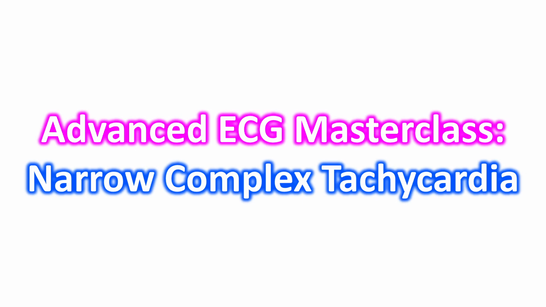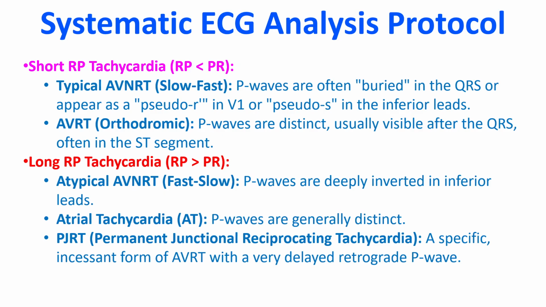Here is an advanced framework for differential diagnosis, moving from the systematic analysis of the rhythm strip to specific pathophysiological mechanisms. To effectively categorize a narrow complex or narrow QRS tachycardia, the primary task is to identify the relationship between the P wave and the QRS complex.